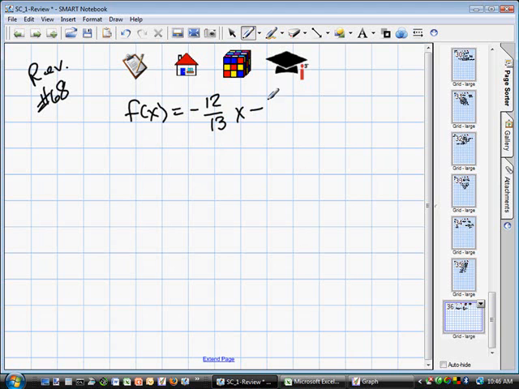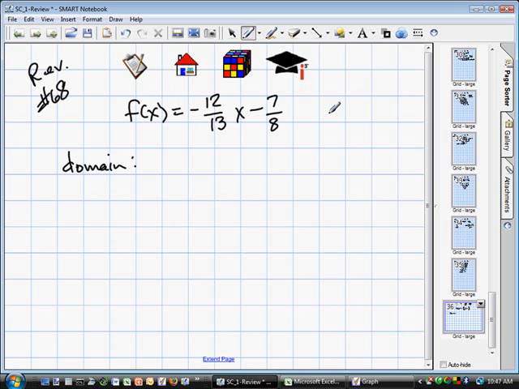-7/8. So let's think about domain and range here. Is there anything that x can't be? See, oh, I see. You mean if that part comes out to 7/8, then that would cause this to be 0, but that's okay.